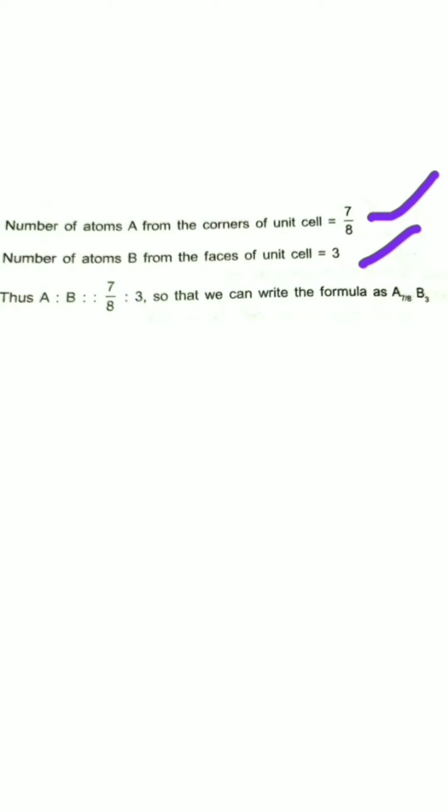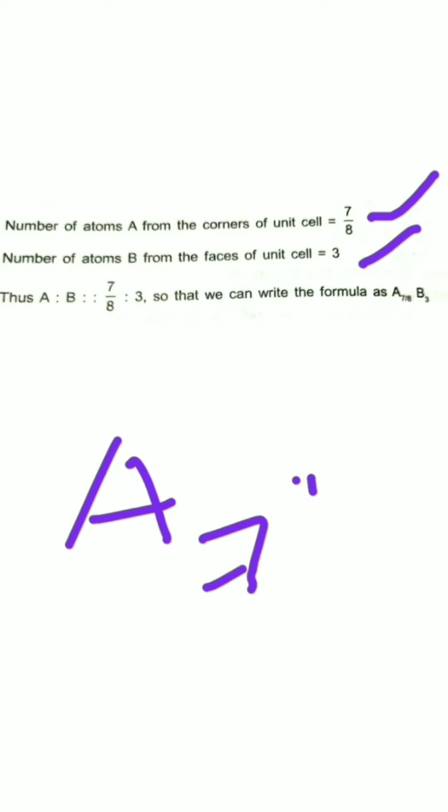Thus, A is to B equals 7 by 8 is to 3. So we can write the formula as A 7 by 8 B 3, or in simplest ratio we can write A7 B24.